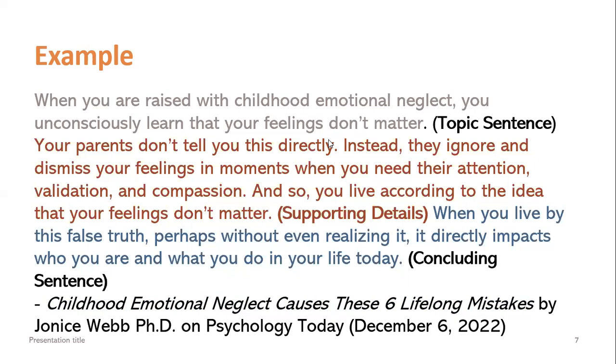It says your parents might not tell you this directly. Instead, they ignore and dismiss your feelings. And you live according to this idea that your feelings don't matter. So it explains how you can be raised with childhood emotional neglect. They lay it out plain and straight. It's when your parents dismiss your feelings, when you need attention, validation, and compassion.